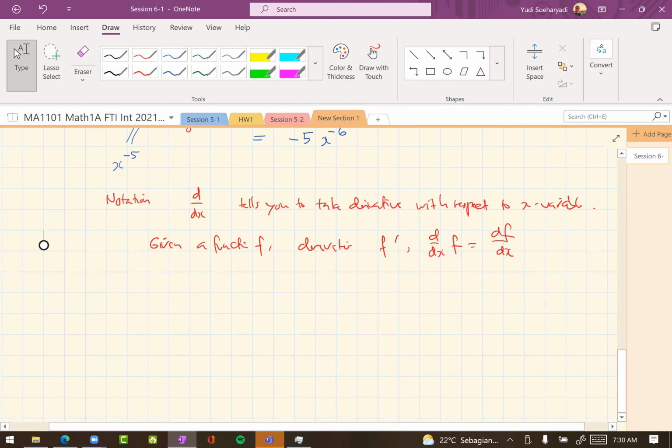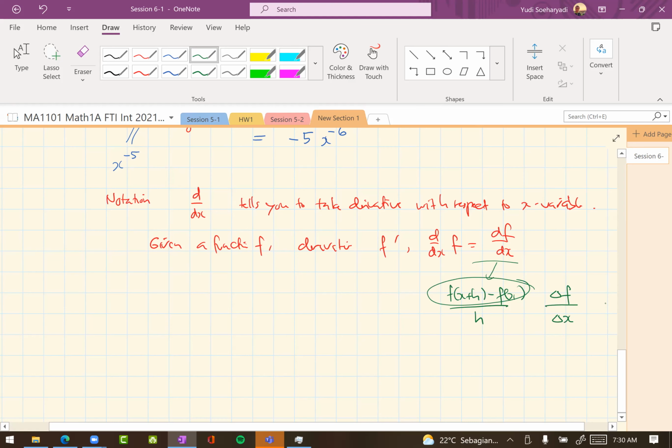In a sense, this notation makes sense in this way. So the derivative means, with h, this is delta f, the difference in f, while h is the difference in x.